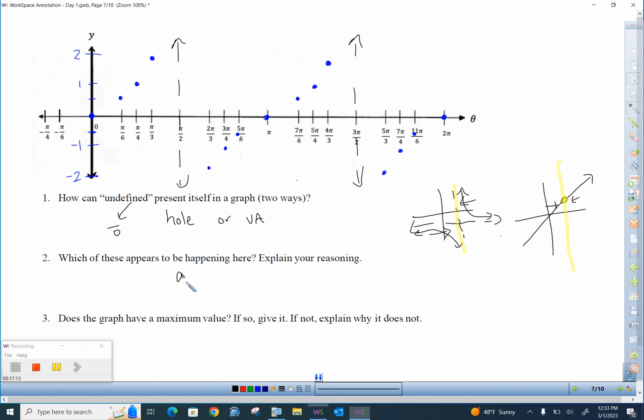And so this one is a vertical asymptote. Okay, because our values on either side, so as we approach pi over 2 from both sides, we're not seeing the same number pop up.